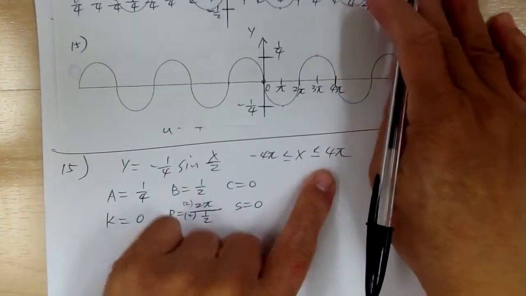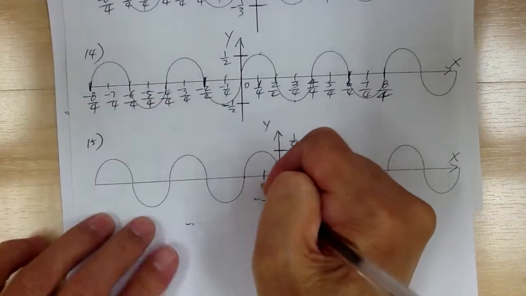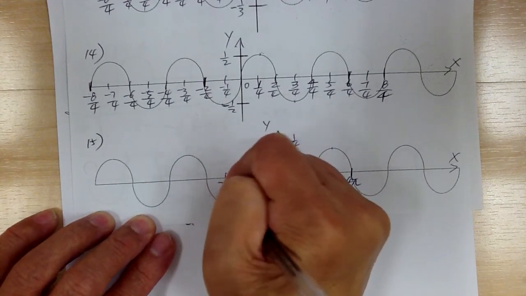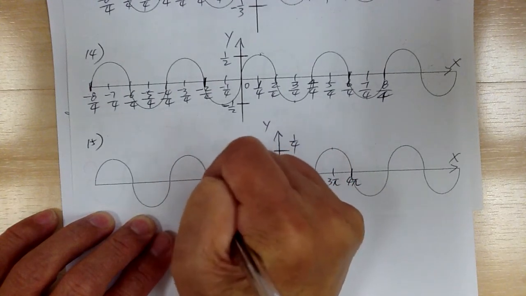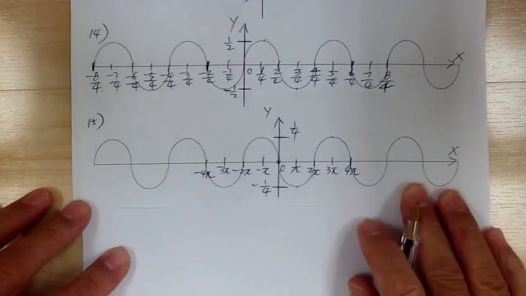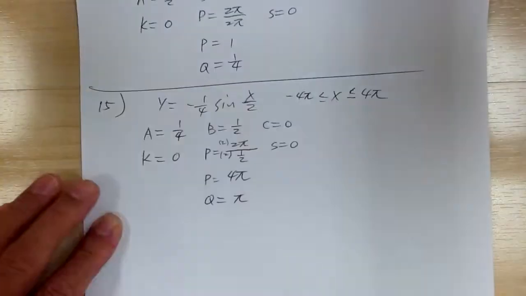Yeah, so that's all you need, right? And you go backward. So you got negative pi, negative 2 pi, negative 3 pi, negative 4 pi. And that's it for number 15. Okay, let's go to number 16.